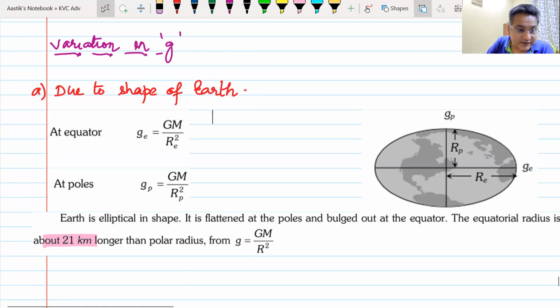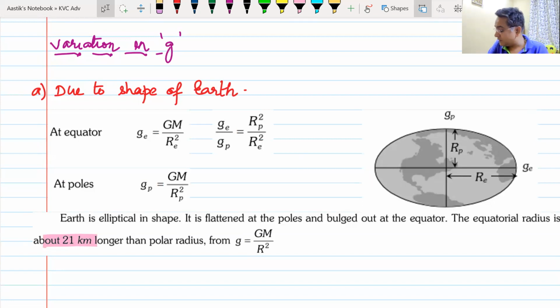Do we understand this? So from here you can find out, and again I'm giving everything that is possible to you because the question can come from anything. So the ratio of these two g's will be Rp square divided by Re square. Are we getting this or not?